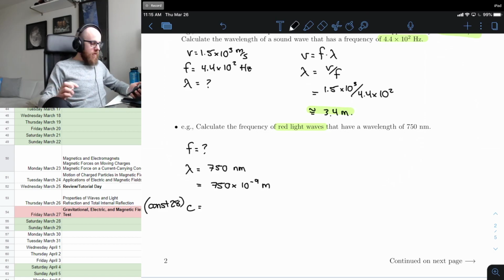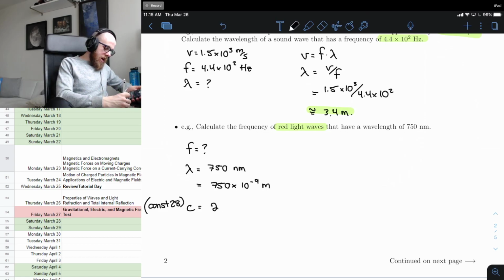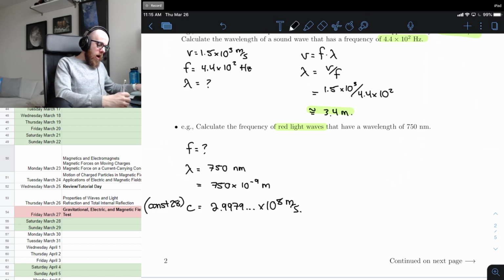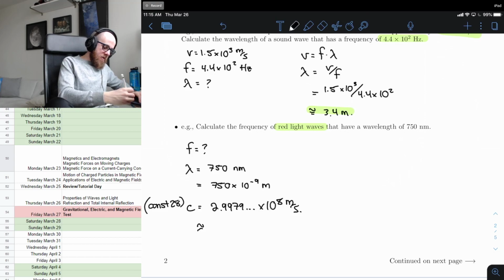If you want the speed of light, the speed of light is 2.9979 times 10 to the power of 8 meters per second. Or usually in textbooks and whatnot, they'll just use 3.0 times 10 to the 8 meters per second.